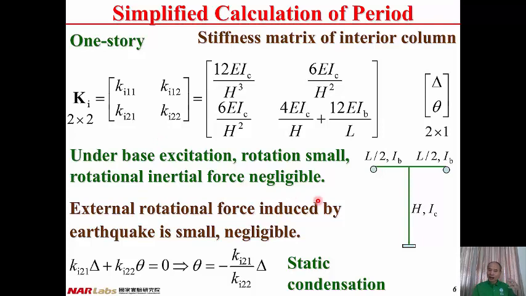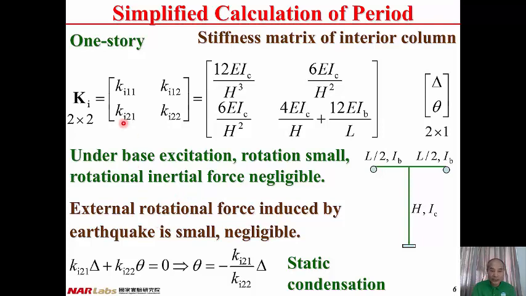And with the same argument, under earthquake excitation, rotational inertial force is very small. They can be neglected. And under earthquake excitation, external rotational force is also very small. They can be neglected.